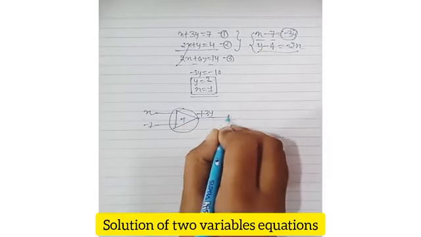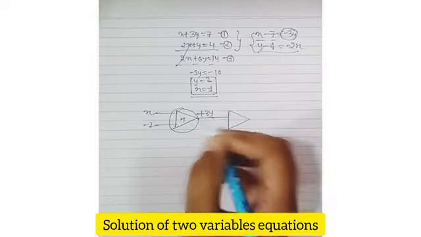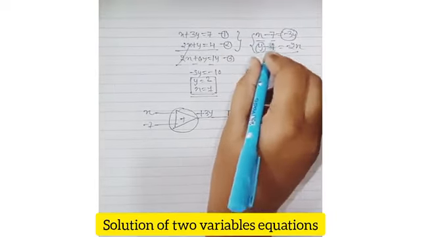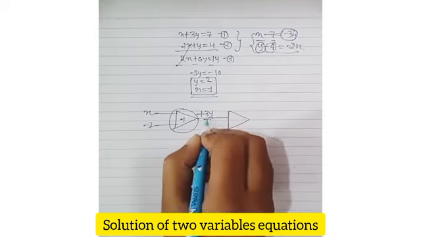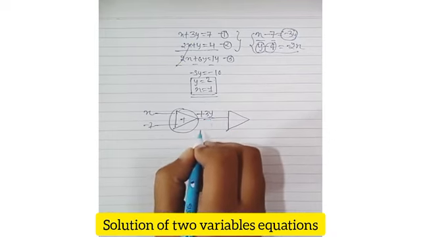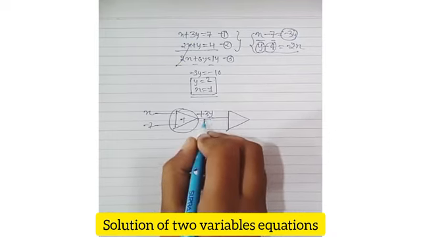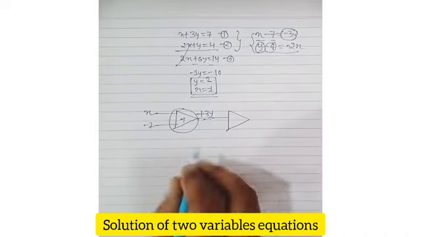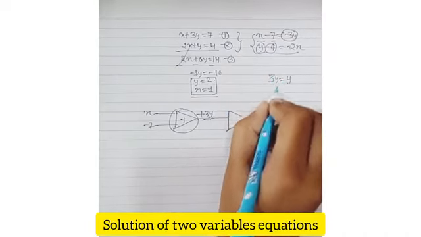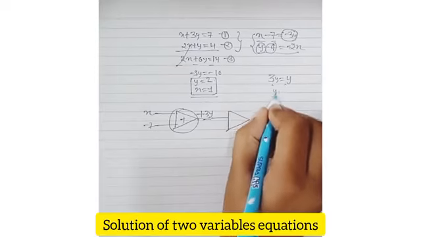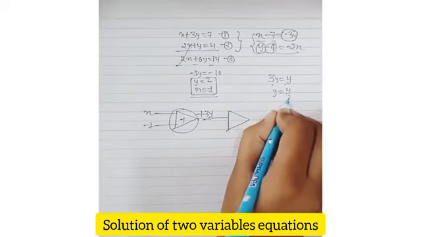Okay, so for the second equation, I want y minus 4 volt. I have 3y, and I have to make this 3y into y. How can I make this y? See this process here. I have to make 3y equal to y, so y equals 3y divided by 3.